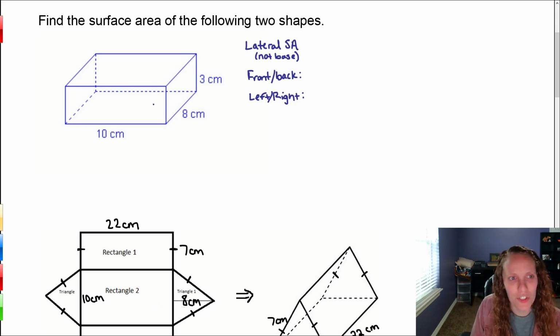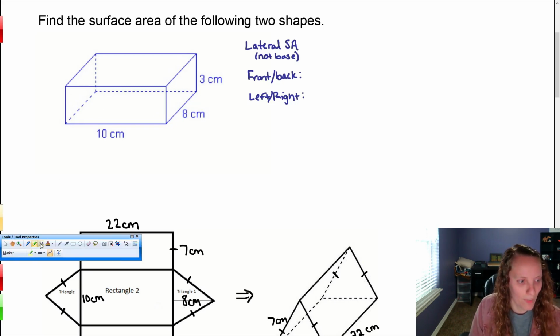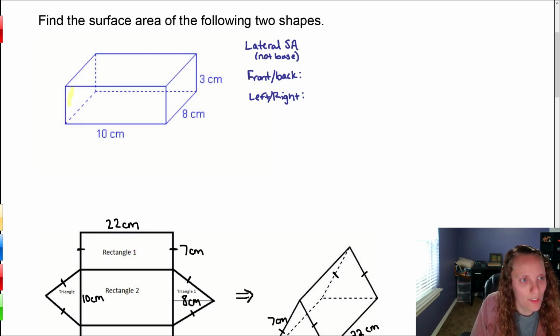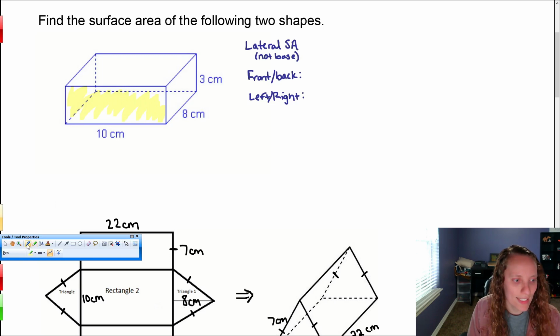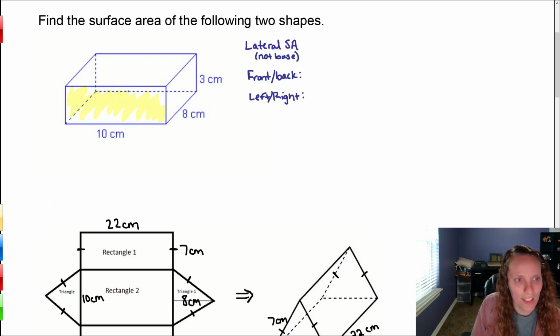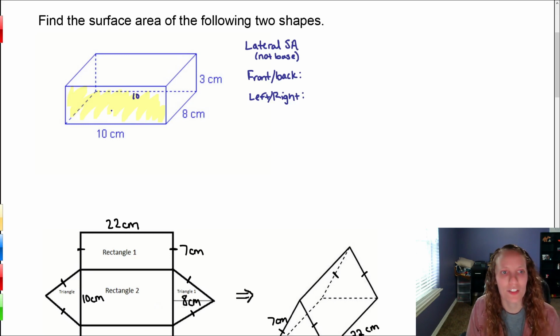Now let's look at this picture here and try to fill in some of the missing numbers that we don't know that could help us figure out the front and the back. So if we look at the front shape, I'm referring to this rectangle right here. And we know that one of the sides is 10. Just like this dotted line across, for the back would also be 10 centimeters.